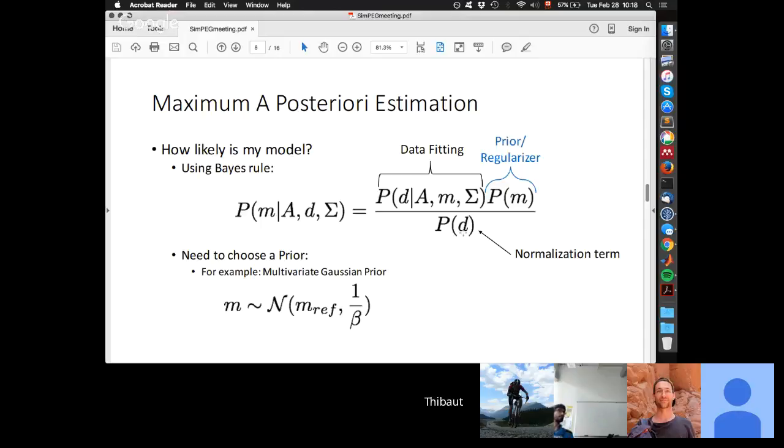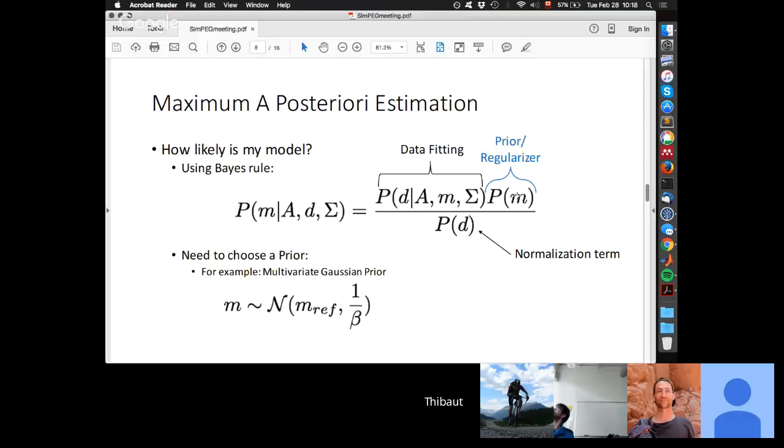We usually just compute it at the end, making sure that the sum of everything is equal to 1. It's not dependent on our model either, so if I want to maximize this, it's equivalent to maximizing just the term on top.